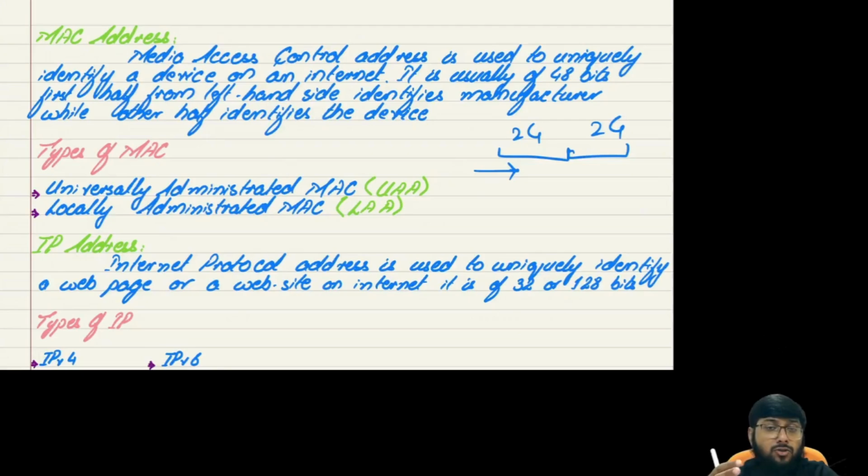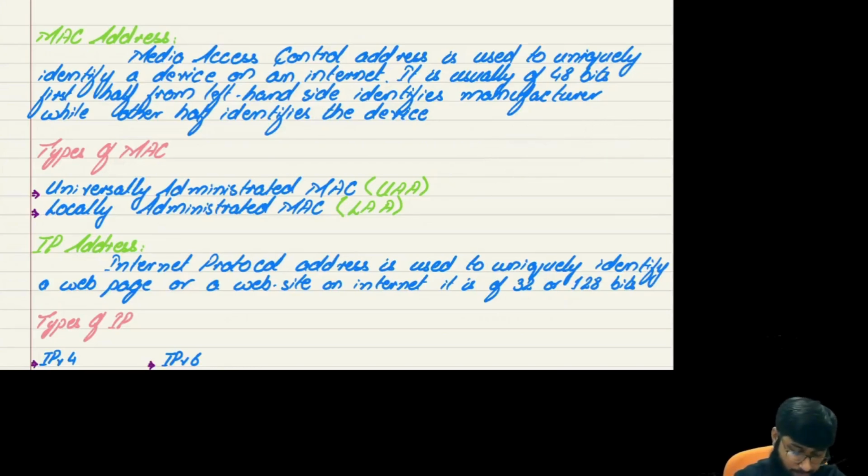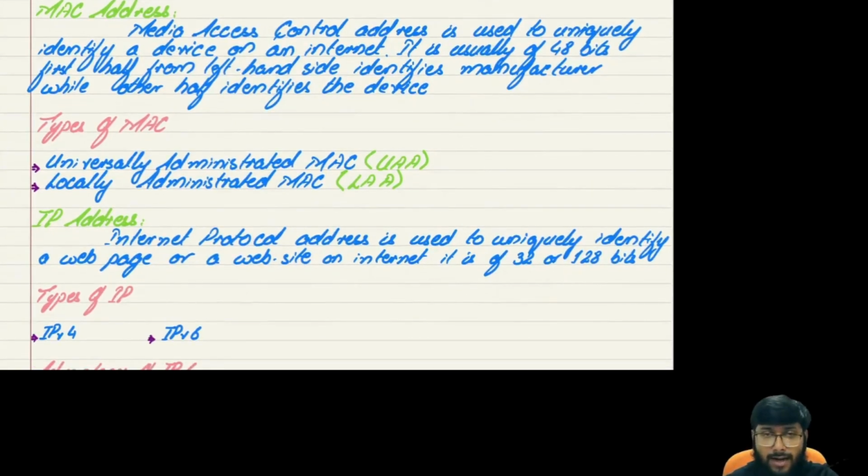But with a universally administered MAC, the device, like our cell phones, can be run at any place around the world. For universally administered MAC, we write UAA, while for locally administered MAC, we write LAA.